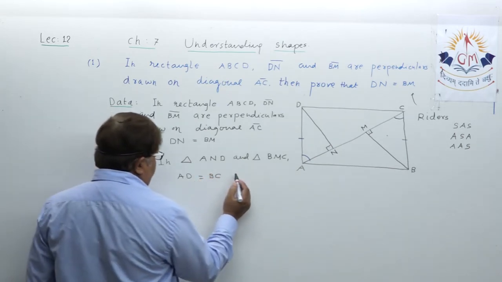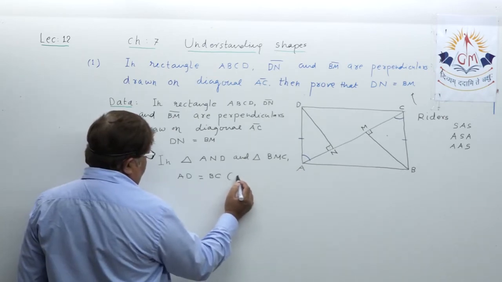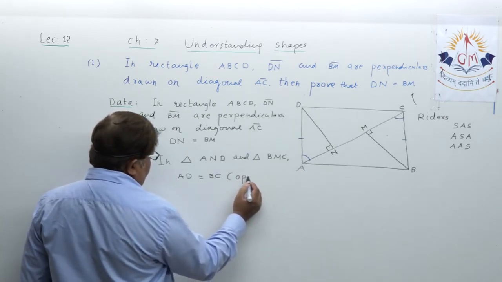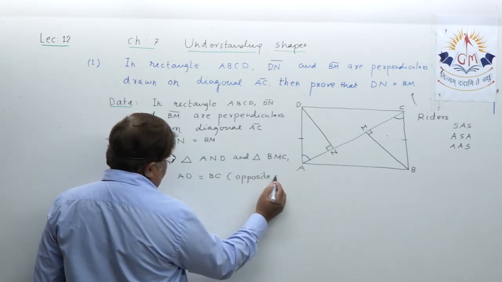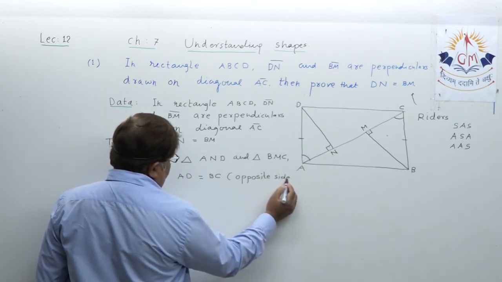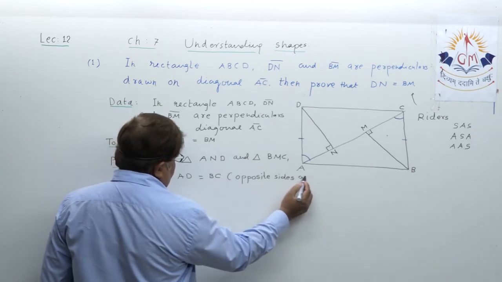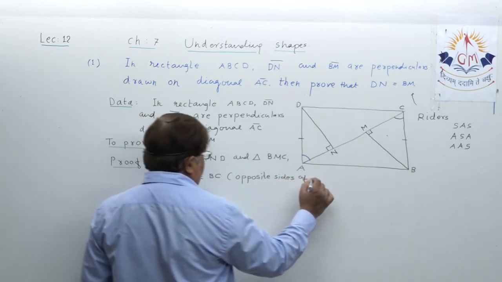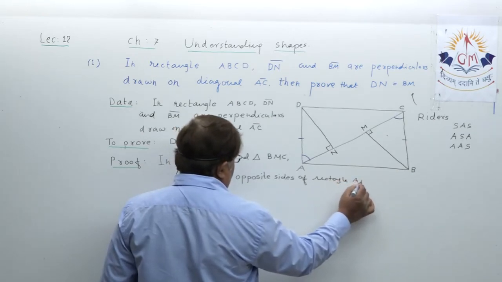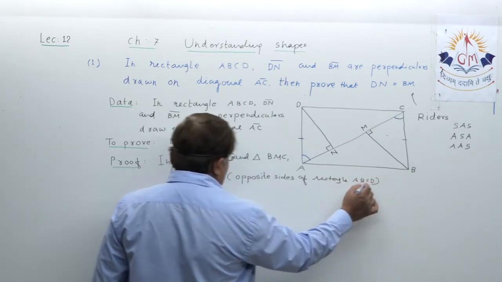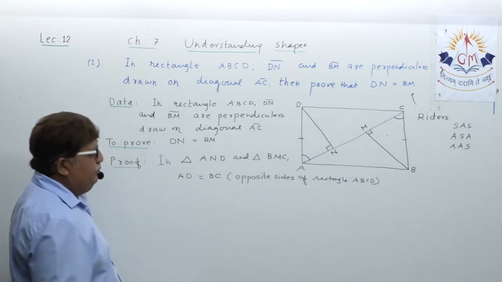What is your reference for this? You will write opposite sides of a rectangle ABCD. Okay, so this is clear.